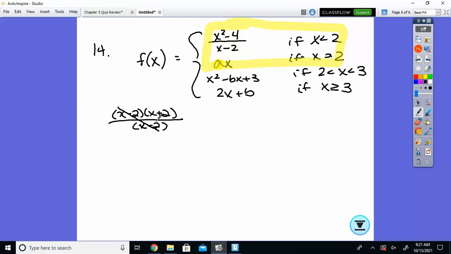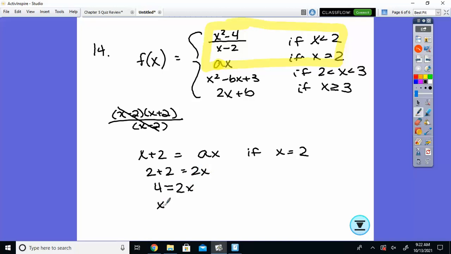So that's a discontinuity. What kind of discontinuity is that, guys? Removable. Good. Okay, so now I know that I need x plus 2 to equal this ax when my x is 2. So if you plug in a 2, you get 4 equals 2a, so a has to be 2. Sorry, that's not x, that's a.